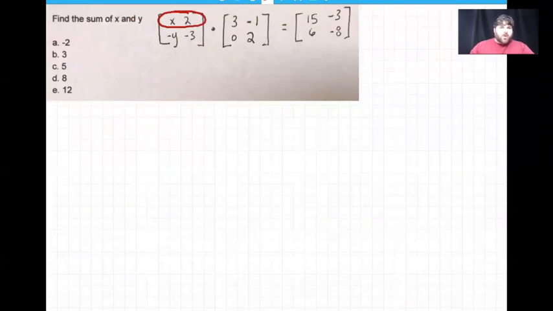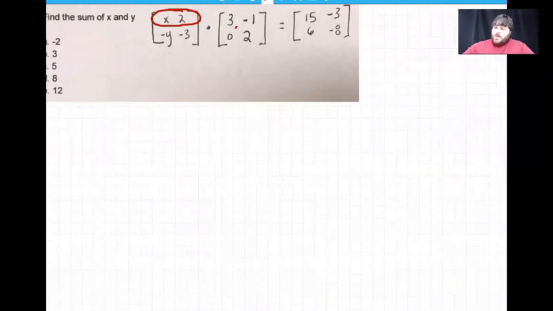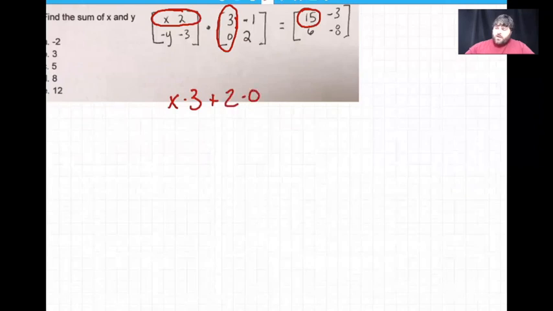Don't mess with doing row times columns that don't give you values of variables. Pick one of the rows or columns with variables to do this process with. So row 1 times column 1 should equal the row 1 column 1 entry. Okay, so x times 3 plus 2 times 0.